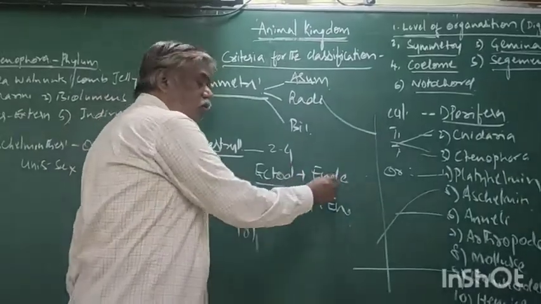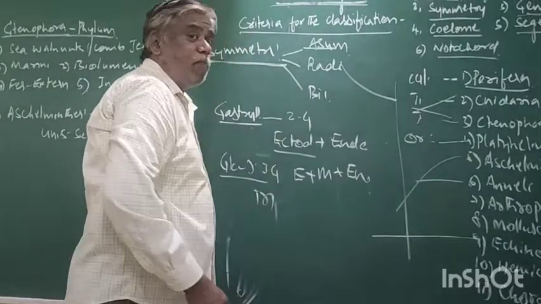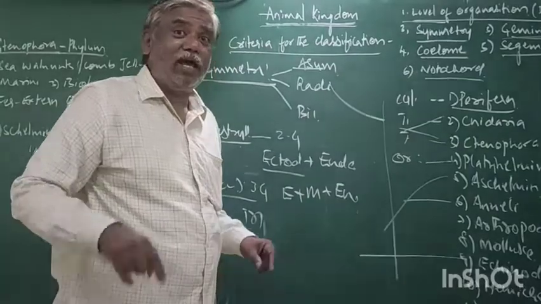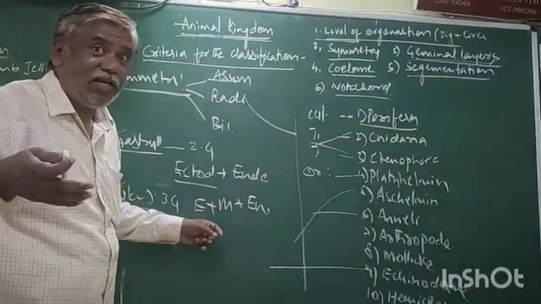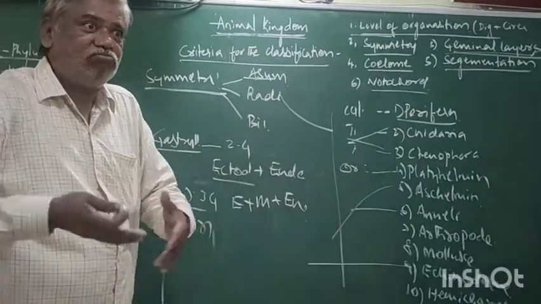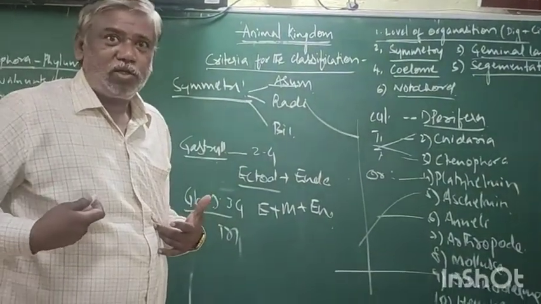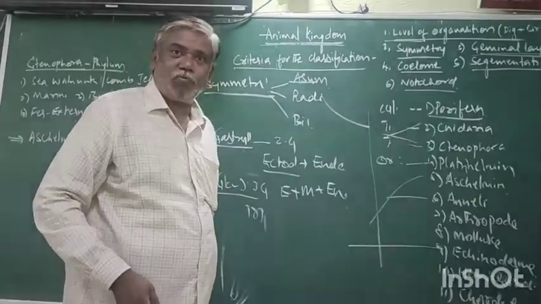Ectoderm and endoderm are common in diploblastic and triploblastic. But in triploblastic, another mesoderm layer is there. Hence, their body becomes complex. If the extra mesoderm layer is there, they form different organs. Suppose muscles originate from mesoderm. Blood is formed by mesoderm.